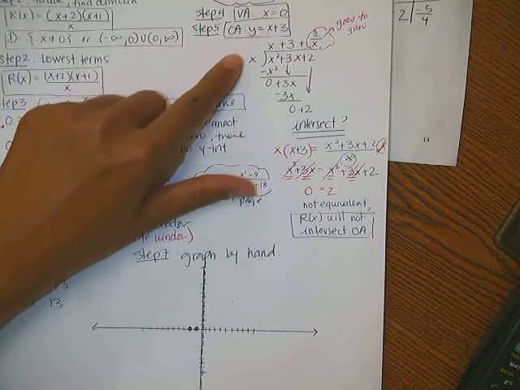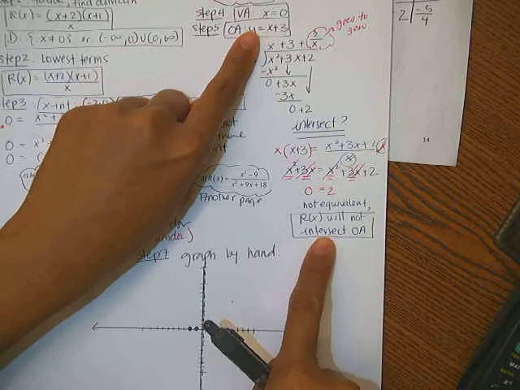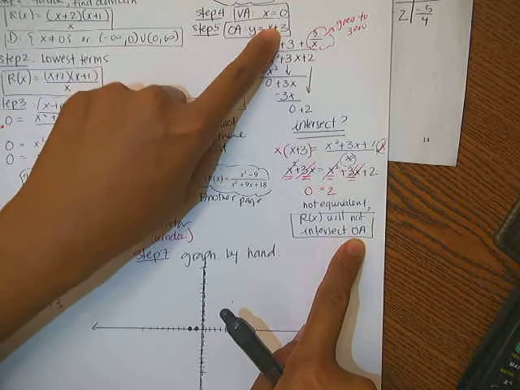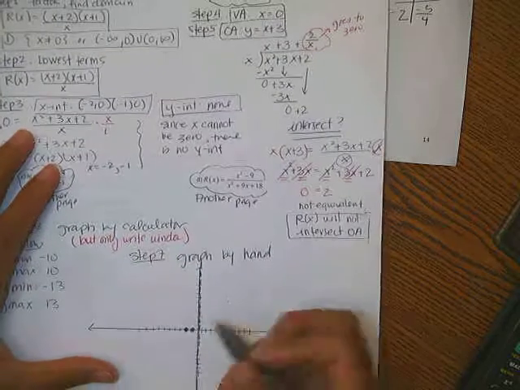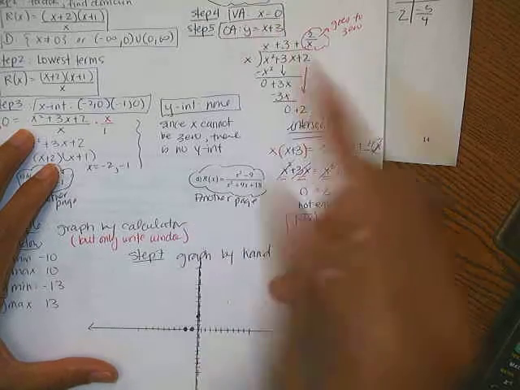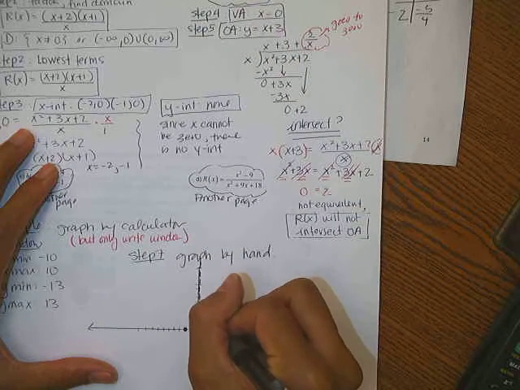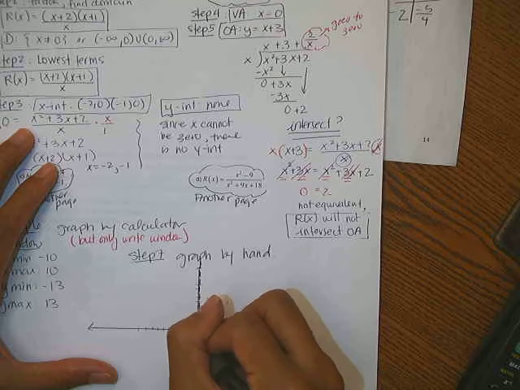Step 5, I have an oblique, and my function would not intersect my oblique. So I'm okay to just graph it out normally. The y-intercept's at 3. So go up 3. 1, 2, 3. The slope is positive 1. So positive 1, right 1, positive 1, right 1. I could either go down 1, left 1, down 1, left 1, and so on.